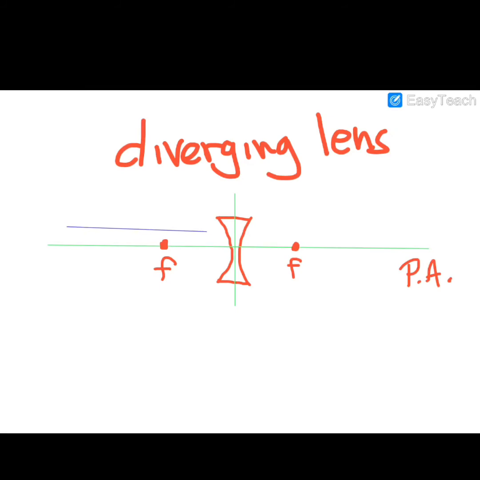Once again, the important thing about the focus is that it tells us what becomes of a ray that is parallel to the principal axis. When that ray goes into the lens, it refracts. That ray then moves through the lens and refracts again as it enters into the air and has a new direction upon leaving that lens.